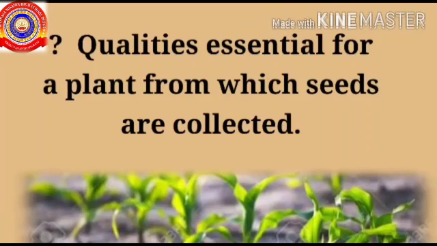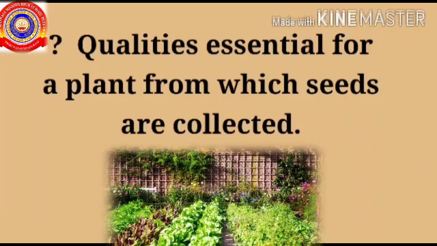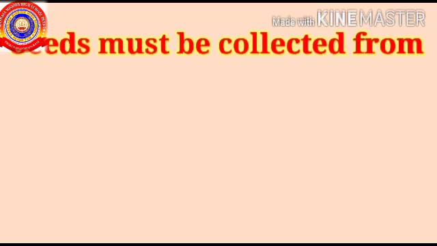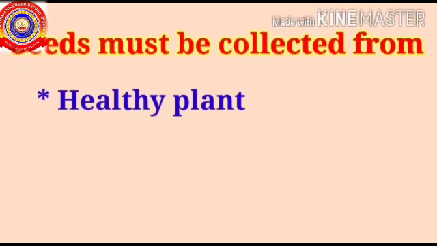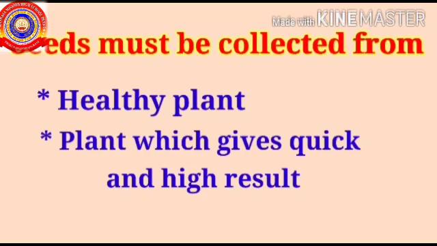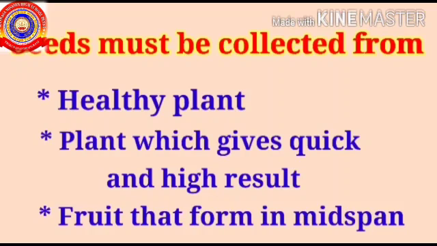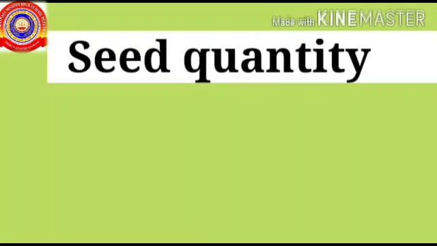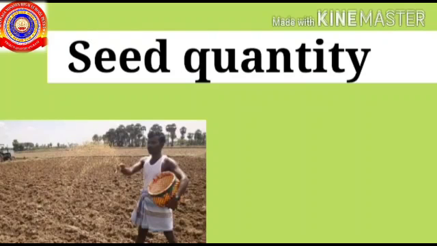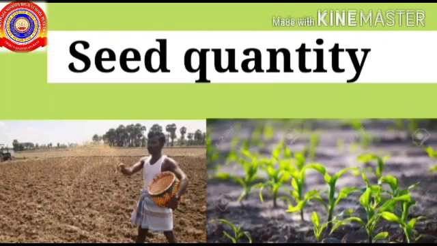Then, what are the qualities essential for a plant from which seeds are collected? Yes, the seeds must be collected from a healthy plant, the plant which gives quick and high result, and the fruit that forms in midspan. Talking about seeds, some seeds are sown first, and when they have sprouted, they are transplanted.